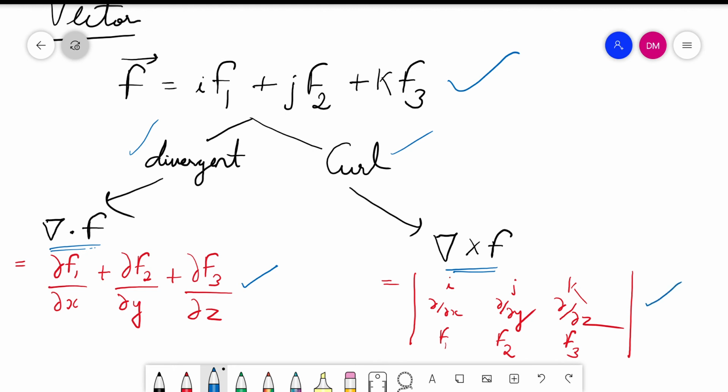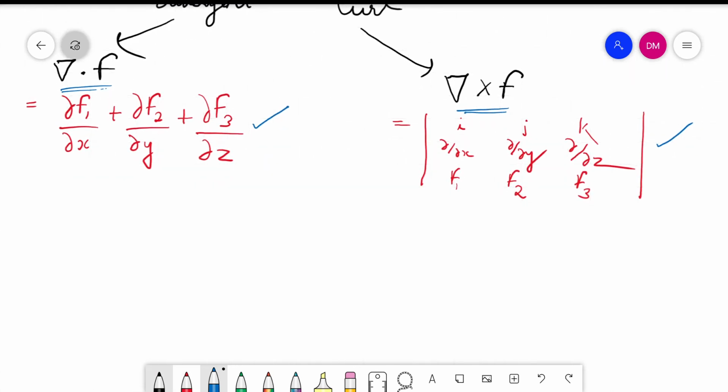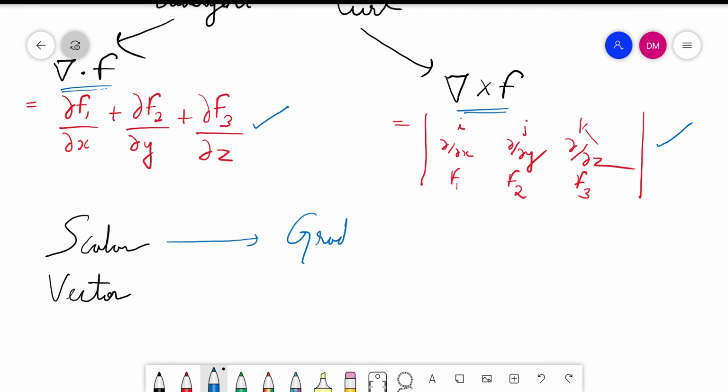Then let's move on to some formulas. Now we have covered the scalar part and the vector part, and in the scalar part we covered gradient, and in the vector part we covered divergence and curl.